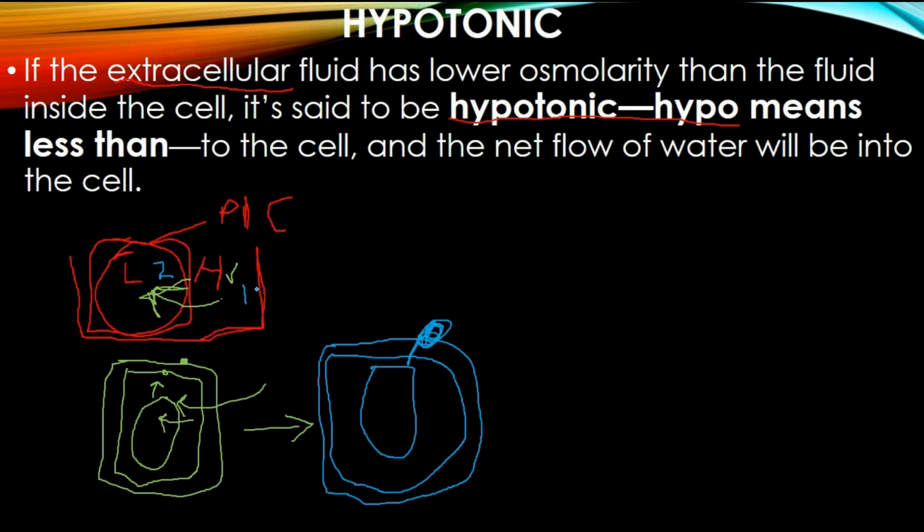We need to first of all talk about where is water high in concentration. So let's make a point in the corner here. Where is it high in concentration? Where is it low in concentration?